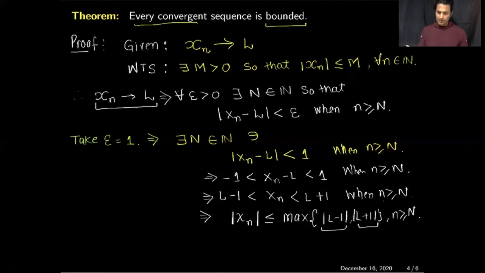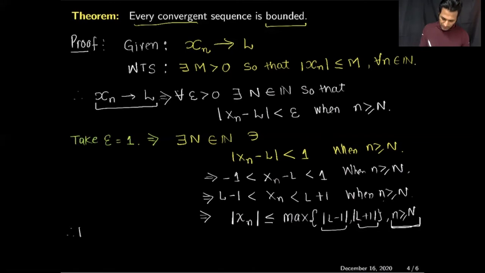What this means is that the sequence xn is bounded, but it is bounded for all values of little n bigger than or equal to N. So we proved half of the theorem: that the sequence is bounded when n is bigger than or equal to N. And now we need to show that each term of the sequence is also bounded when n is between 1 and N minus 1.